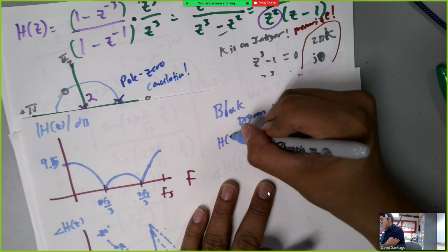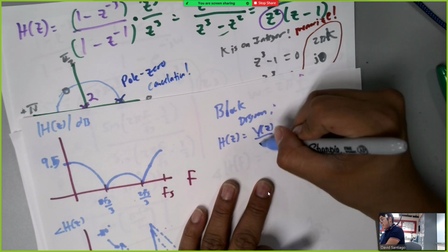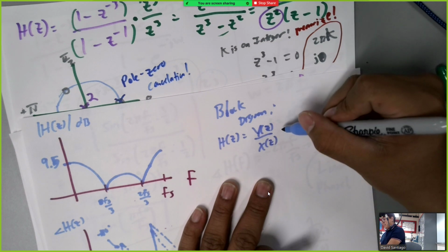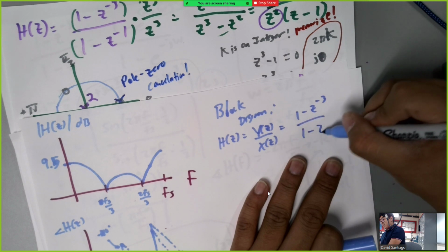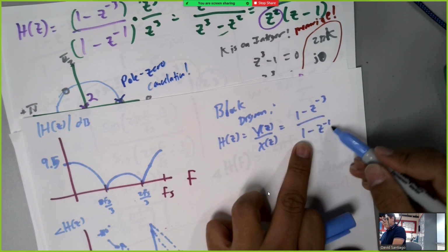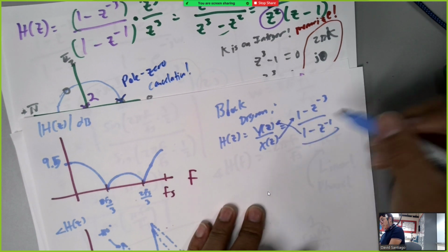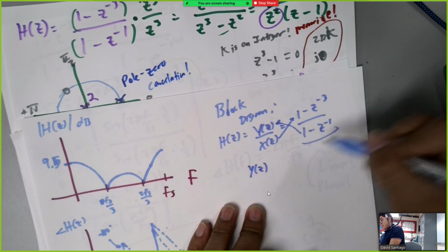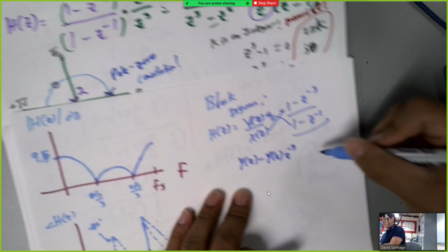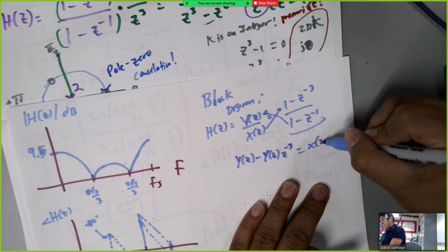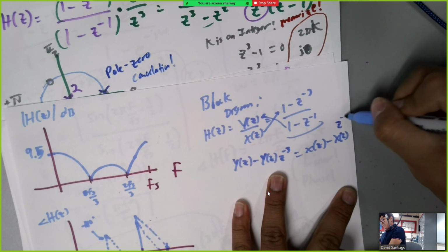Remember how H of z is equal to Y of z divided by X of z, right? This is equal to 1 minus z to the minus 3 divided by 1 minus z to the minus 1, right? So if we multiply this to this and this to that, we're going to get the following: Y of z minus Y of z times z to the minus 3 is equal to X of z minus X of z times z to the minus 3.